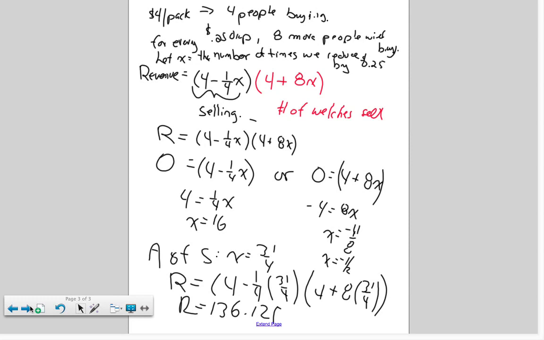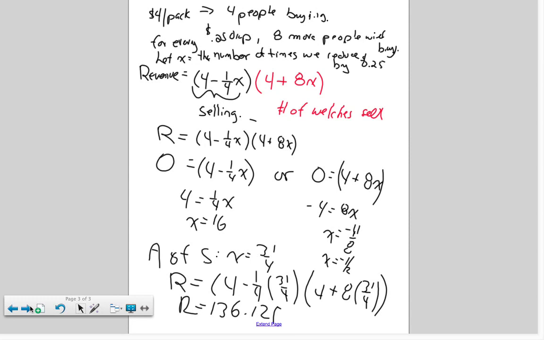Okay. So how many packets do I need to sell to get $136 in revenue? 66. At what value of x do I achieve 136? Because 8 more people buy for every 25 cents you drop. If you drop 7 3/4 times 8, 62 plus 4, okay, 66.